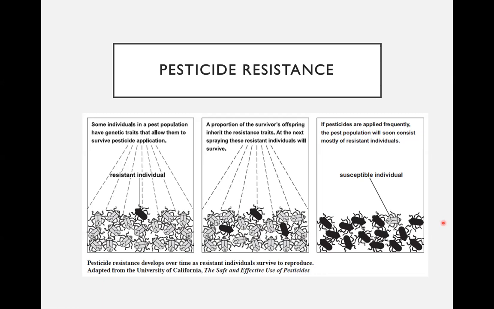Then if the farmer continues to apply a selective pesticide, the pest population will at some point consist entirely of those darker colored insects. They're not going to be affected by it anymore. They're going to keep reproducing and keep passing on the resistant gene.